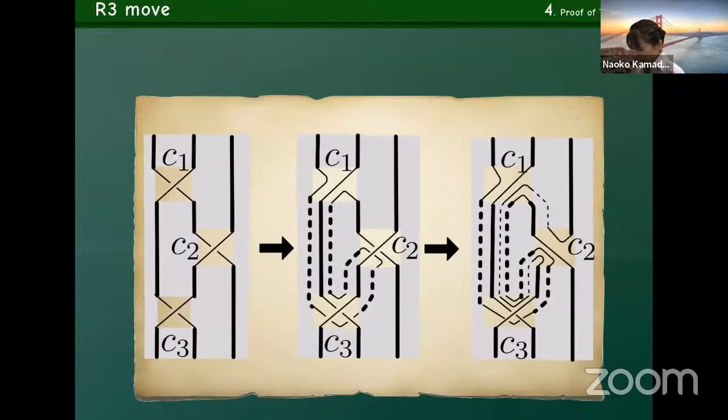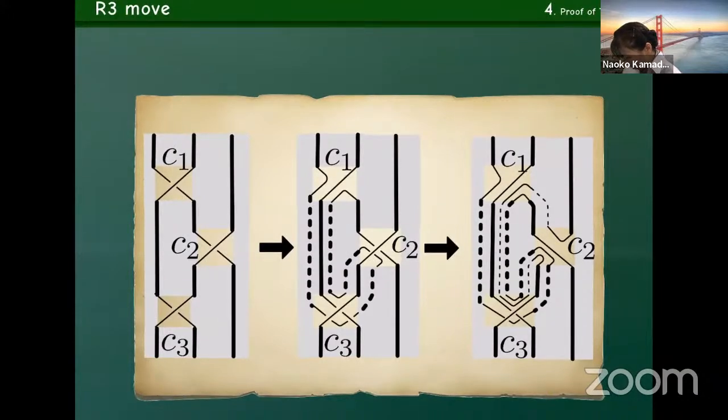For the R3 move, we use an under finger move this way. Then we use an over detour move here. Then we have a result. We apply the R3 move. That's our sublink.